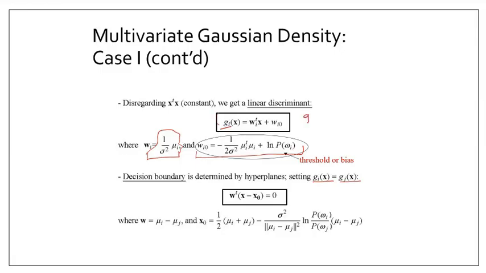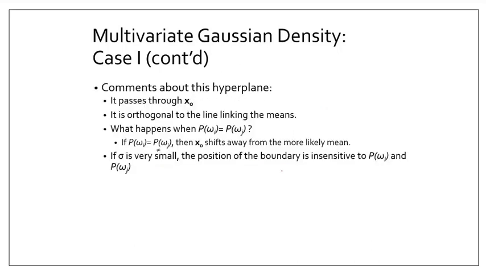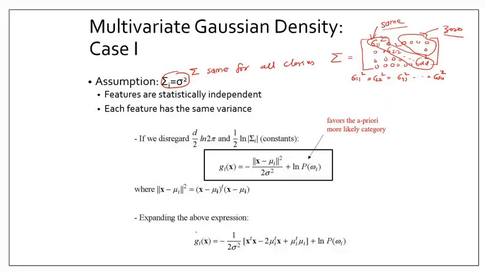So this is g_1(x), suppose I write here, then this will be w_1 transpose x plus w_10, and g_2(x) is w_2 transpose x plus w_20. We obtain this from this equation. I can put i equal to 1, and then i equal to 2.